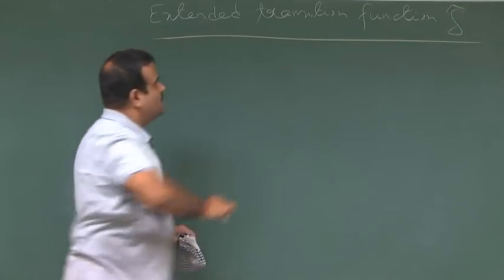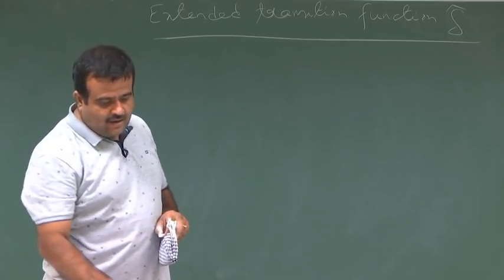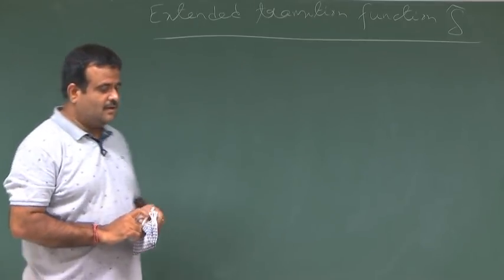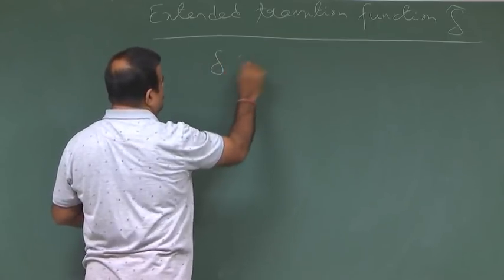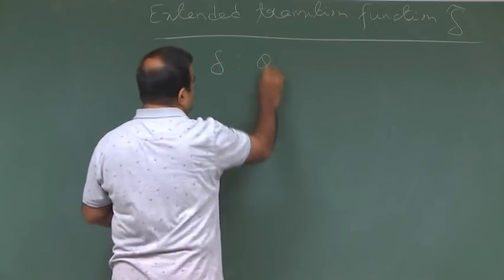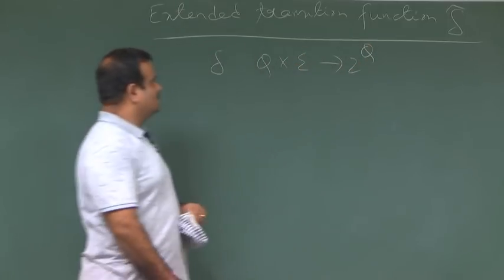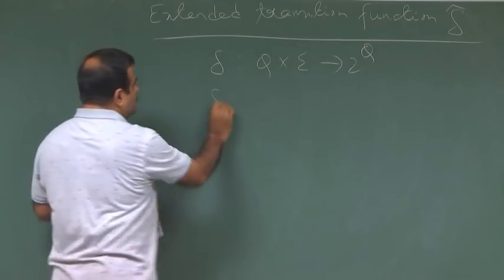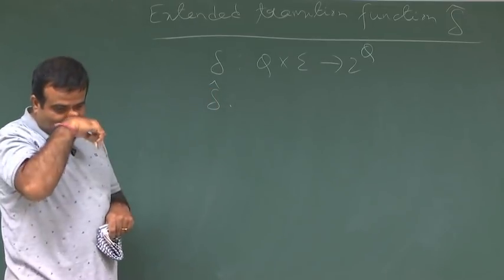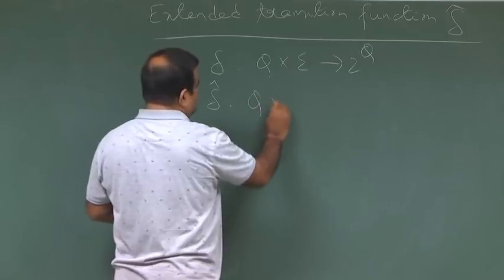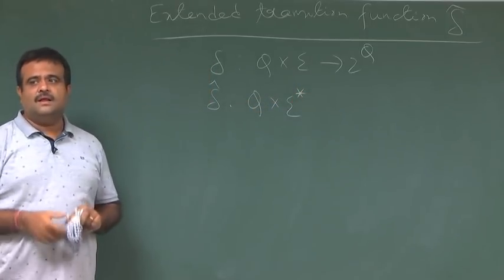We know how we could extend this for DFA, but here we are talking about NFA. Okay. So, for NFA, delta is a function from Q cross sigma to the power set. Now, we want to have a function delta hat which takes a string instead of a single alphabet.